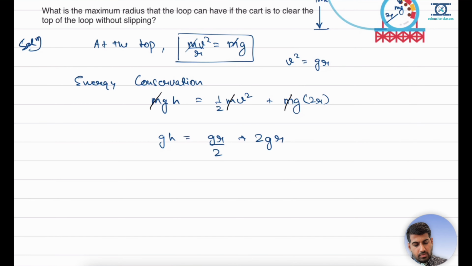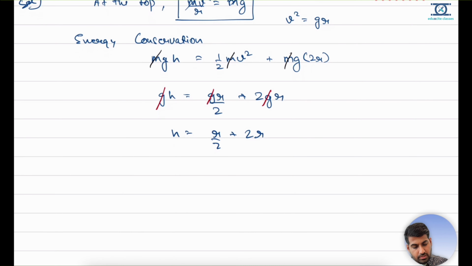So from here the g will get cancelled out, so the remaining equation is h equals r by 2 plus 2r. So h we already know, so this will be 5r by 2.